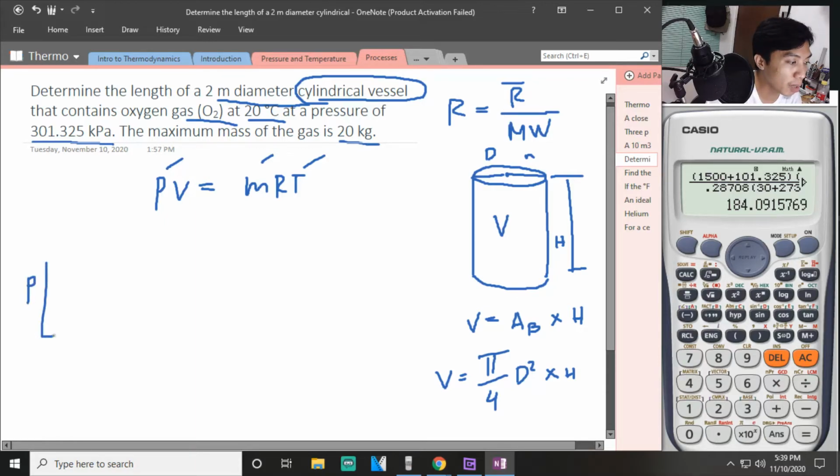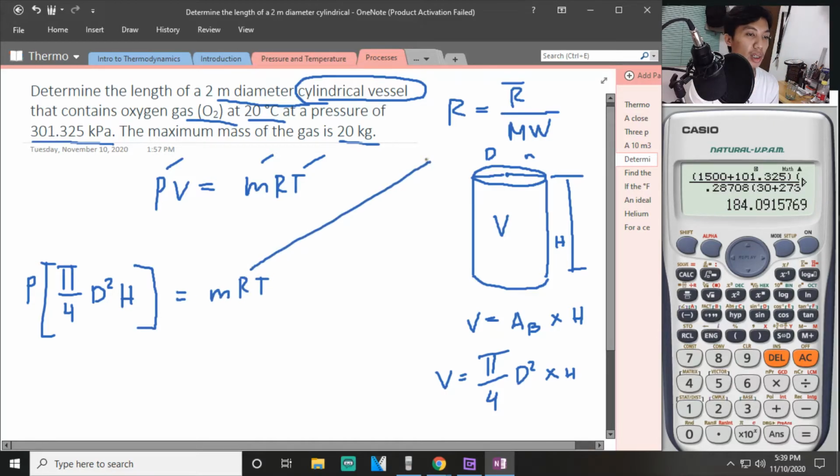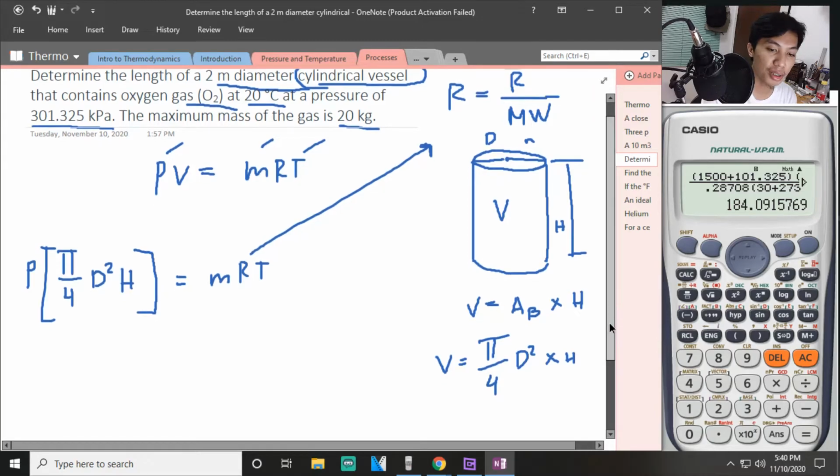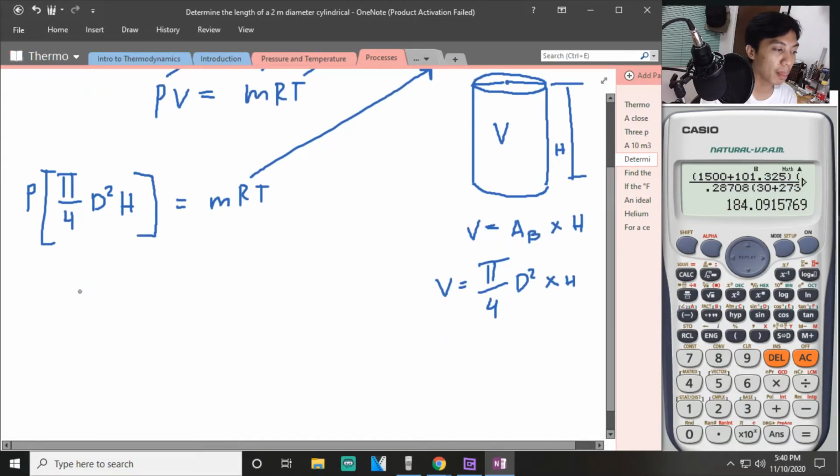So, P multiplied to pi over 4 d squared h equal to mRT. Pero yung R natin is dito, R bar over molecular weight. Isa lang naman na sinasolve natin dito, h lang. So, ilipat ko na itong mga value nito dito.